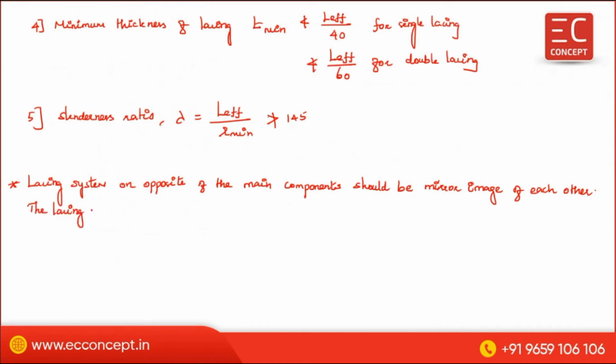That means this is the front side, and if you take this lacing system, the back side has the same mirror image. Okay, this is the column, right? This is the front side, this is the back side, for example. You use the lacing system for the front side, and on the back side also, the mirror image of this will be used. So that says the mirror image of each other.